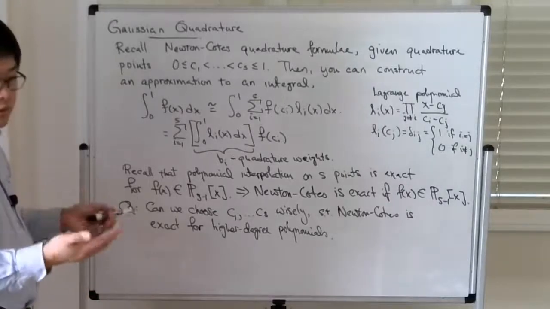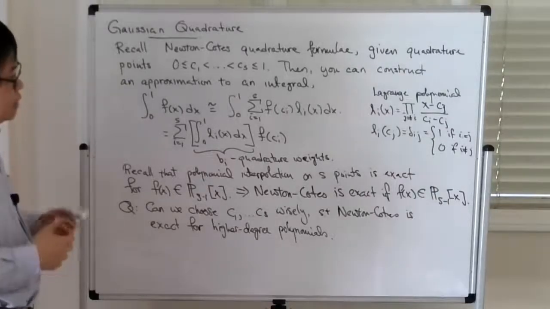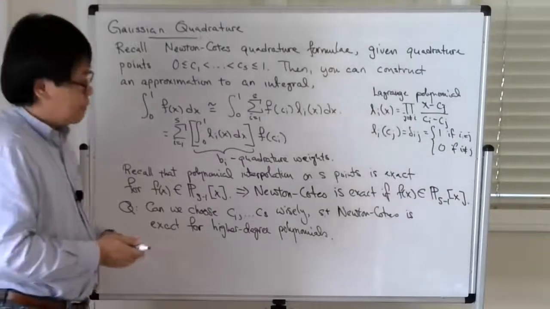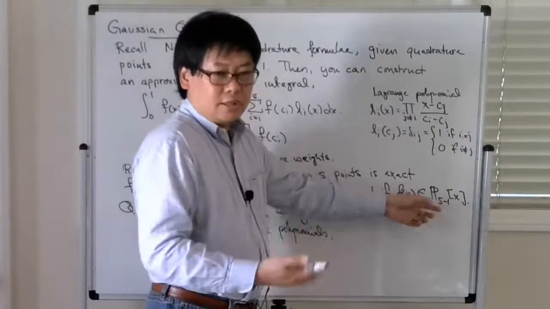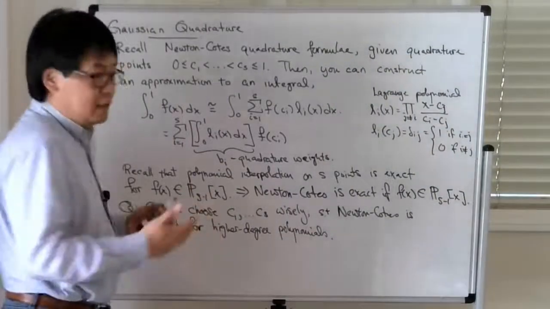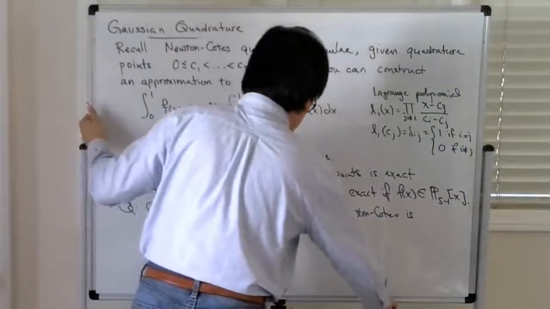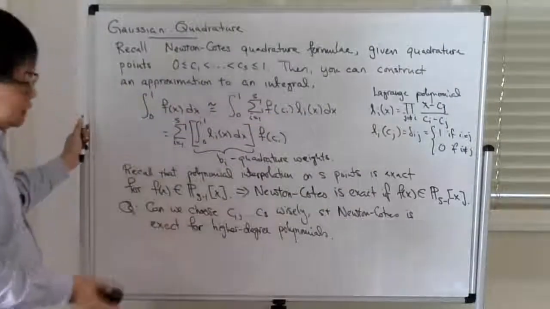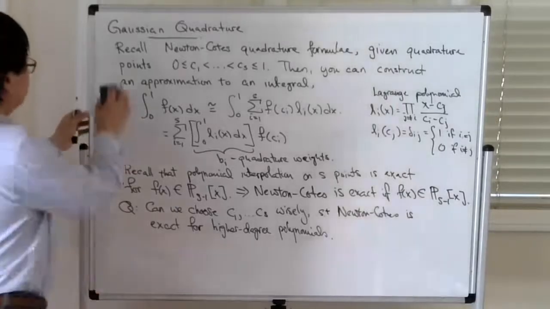In principle, with those s additional degrees of freedom, you might imagine that you could conspire to construct a method which is exact for polynomials up to degree 2s minus 1, for example. So is there a way to do that? And that's really the subject of what's called Gaussian quadrature. As we will see, this is intimately tied with the theory of orthogonal polynomials.